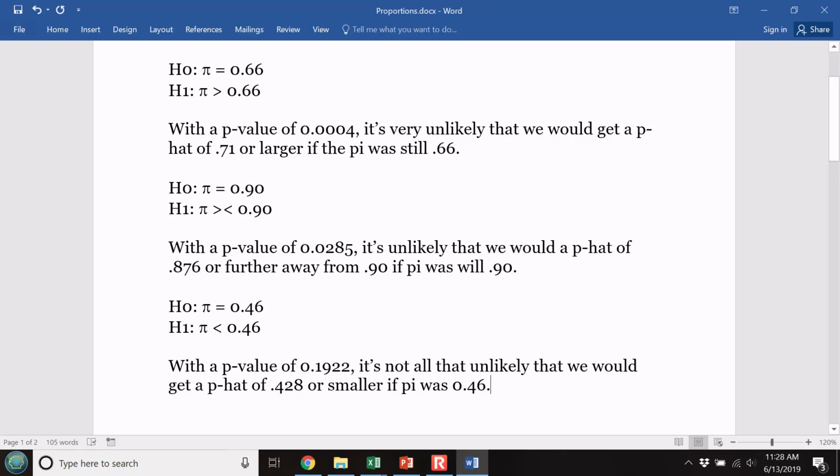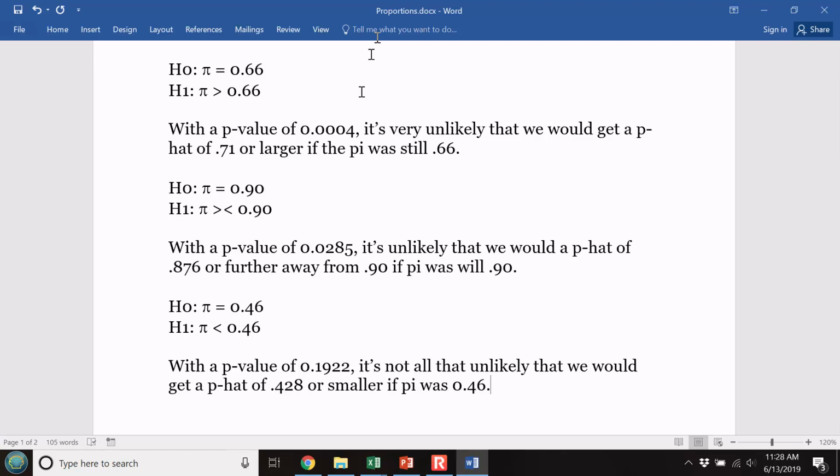So remember, the p-value is the probability of getting a p-hat this far or further from this value. And they're telling us in the template it's almost a 20% chance that if the population was 46%, if the null hypothesis were true, I'd get a sample of 180 students that only about 43% were accepted to medical school.